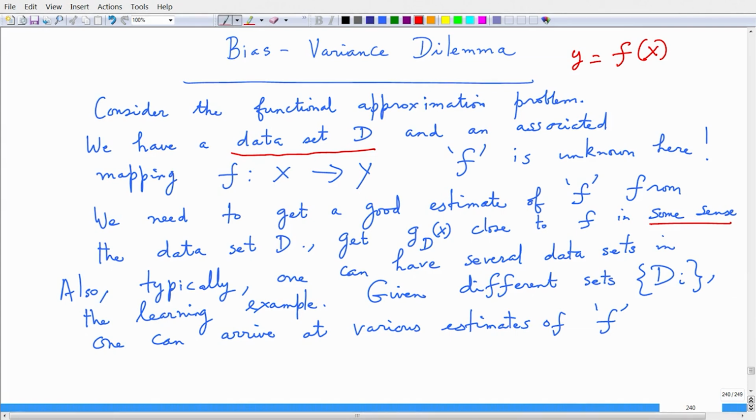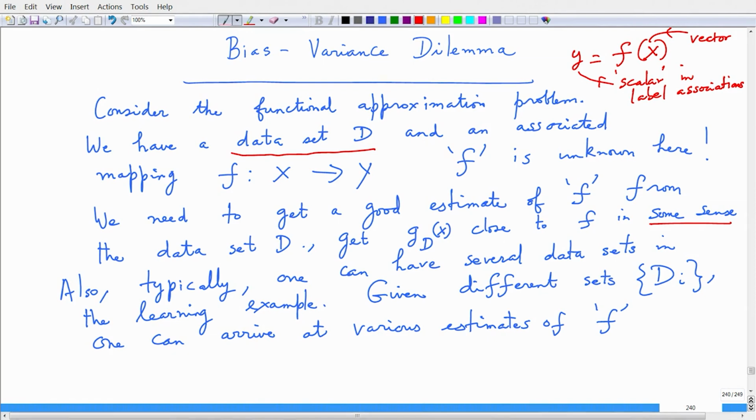So, typically in most classification problems this y is a scalar and x can be a vector. This is just a note for your consideration: it can be a scalar in label associations and x can be a feature vector.